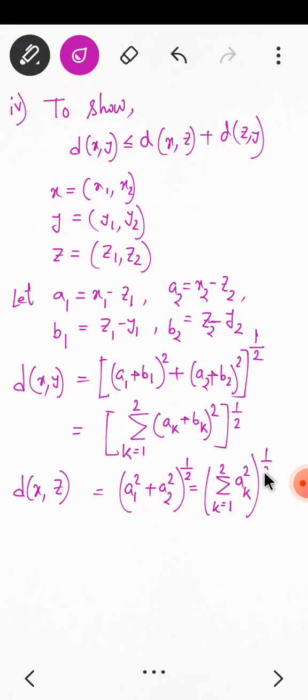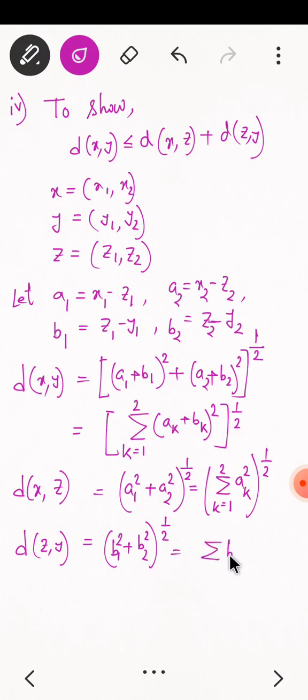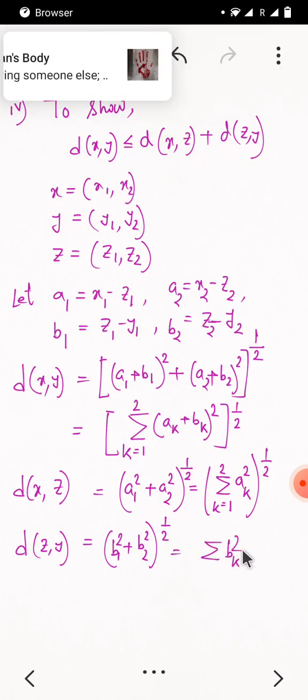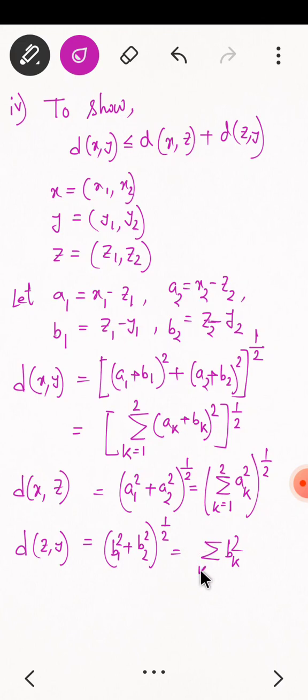And d of zy equal to the square root of b1 square plus b2 square, that is equal to the square root of the summation over bk square, k varies from 1 to 2.